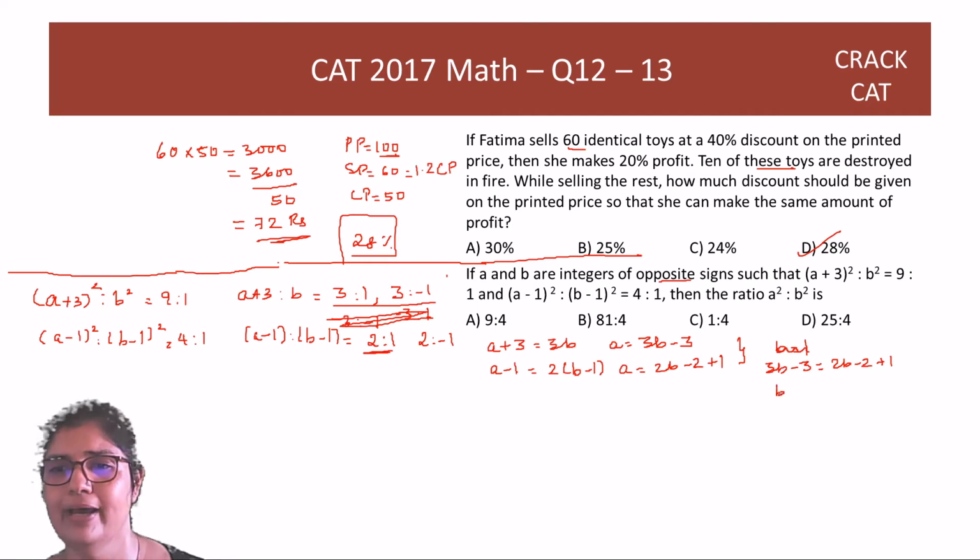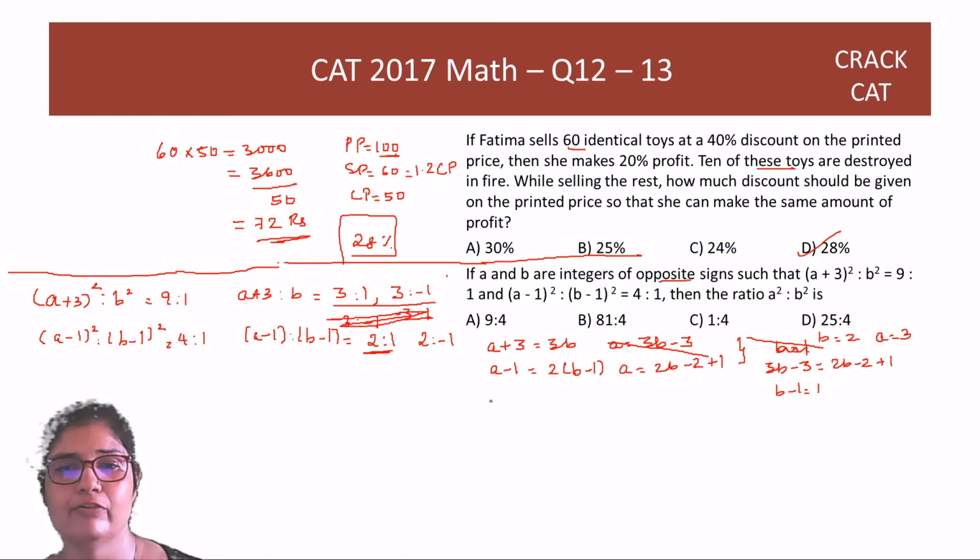So I get b minus 1 is equal to 1, which means b is equal to 2. And if b is equal to 2, guys, what is a going to be equal to? A is going to be equal to 3. Are they of opposite signs? No. So this is not possible. This option that we took is not possible.